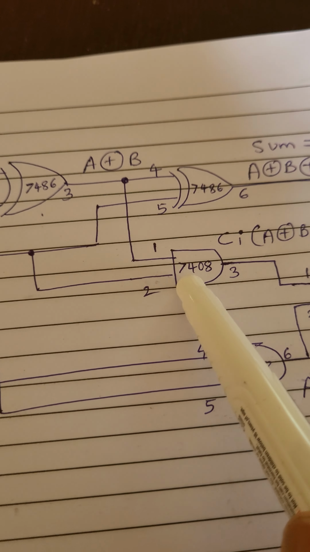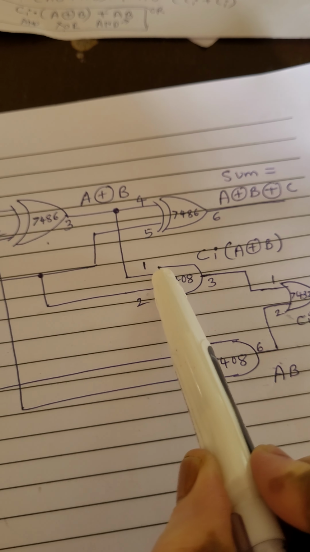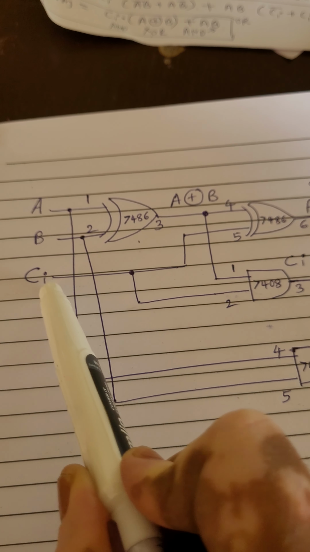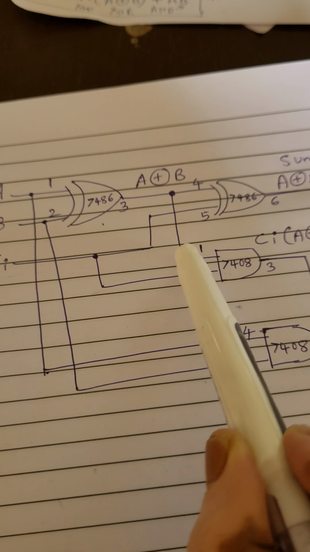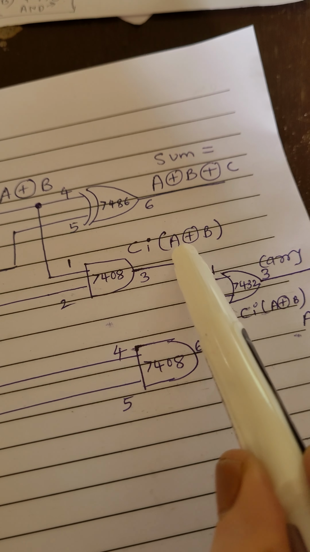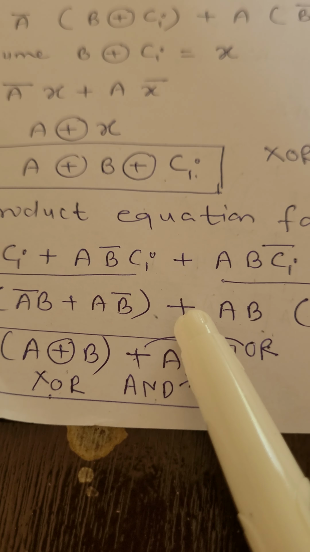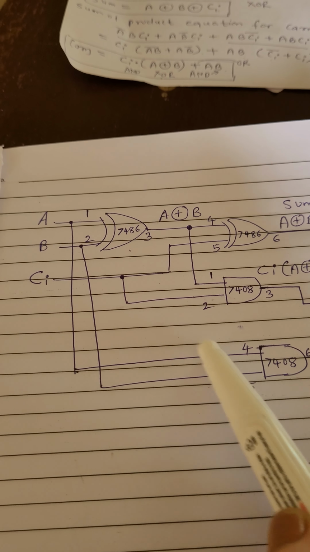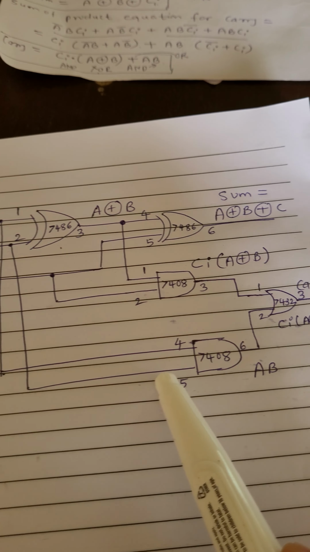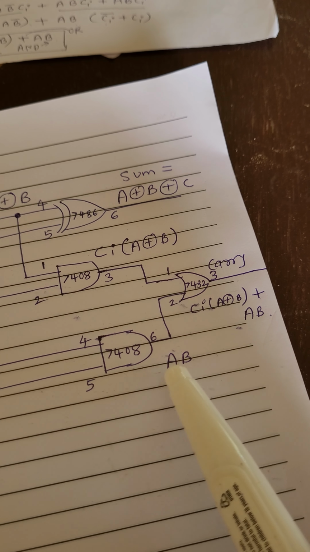Similarly, for the carry, we got the expression Ci into A XOR B. So what I have to use? I have to use the AND gate. So A XOR B, I have tapped the points from here only. Ci is nothing but this. So these 2 points will generate one expression, that is Ci A XOR B. And then the later part over here is AB only. So AB means I will tap A point from here, B point from here, and I have got another AND gate and generated AB.